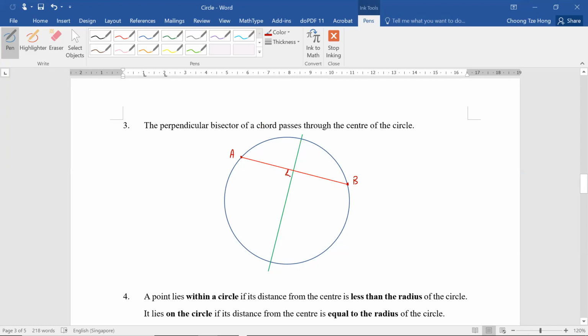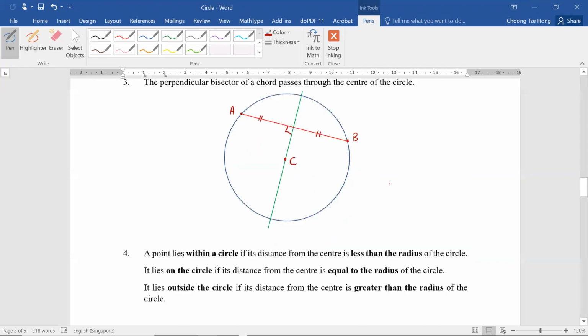Not only is it perpendicular to the chord, but it cuts the chord into two equal parts. So any perpendicular bisector will definitely pass through the center of the circle. This is another useful property that sometimes you'll need to apply in the question. If you do not keep this property in mind, then sometimes you get stuck while doing the question. So keep this in mind.